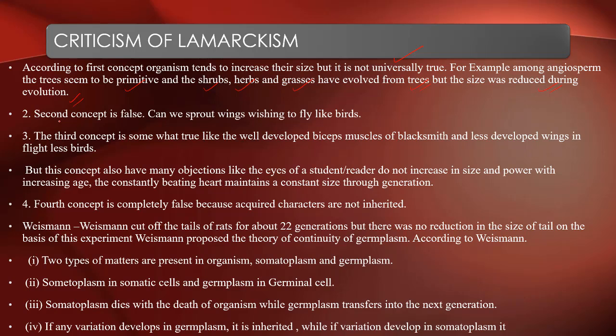Gymnosperms, which evolved earlier than angiosperms, have greater height, but angiosperms have less height. So that is why it is mentioned that among angiosperms, the trees seem to be primitive, and the shrubs, herbs, and grasses have evolved from the trees.